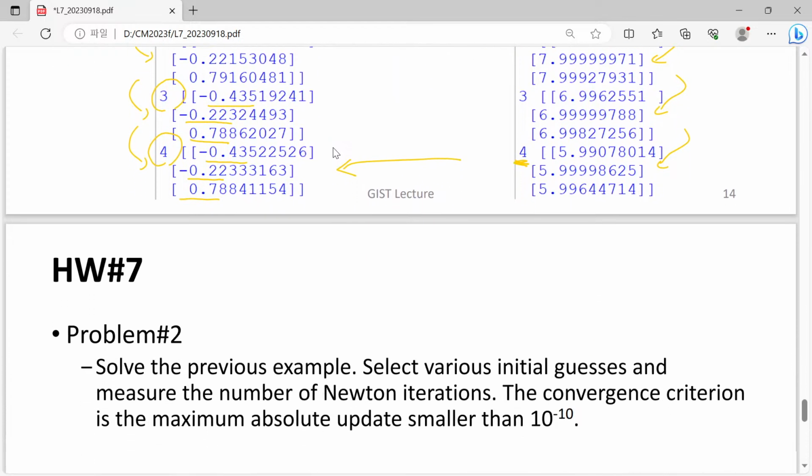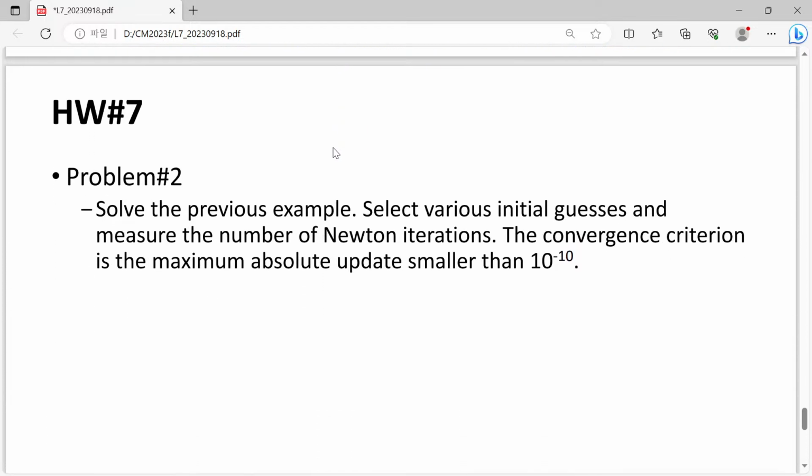Okay, so let me wrap up today's lecture with problem number 2. Please solve the previous example, not starting only from 0, 0, 0 and 10, 10, 10. Please make your own initial guess.